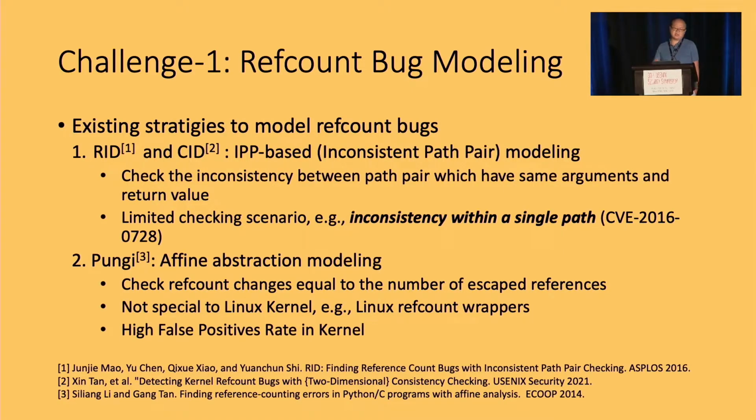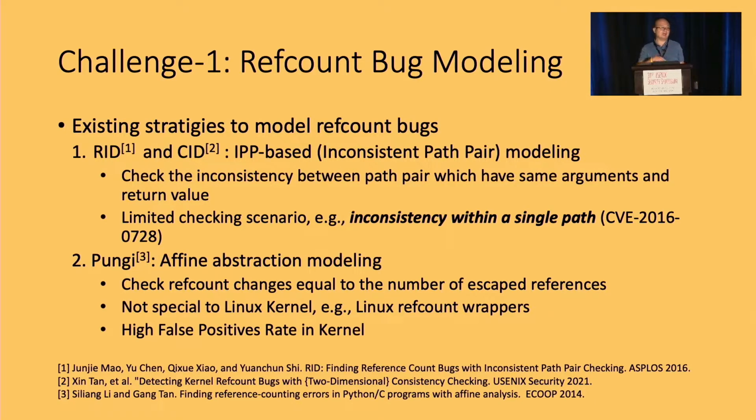In general, we think there are two common ways to model what a reference count bug is. One common strategy, used by two previous works on finding reference count bugs in the kernel, is so-called path consistency.